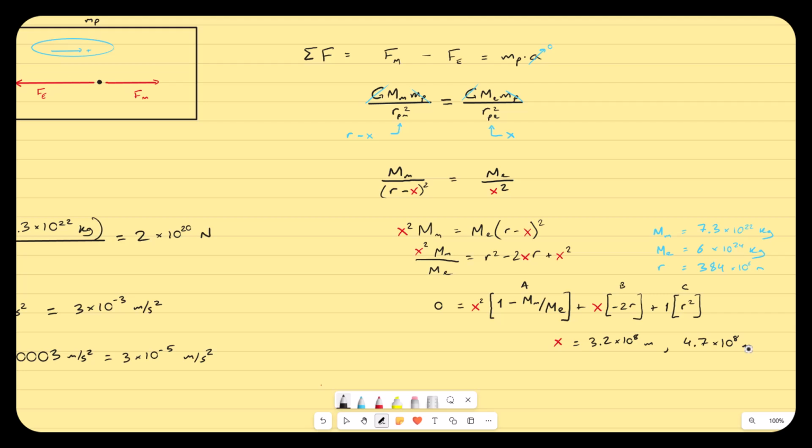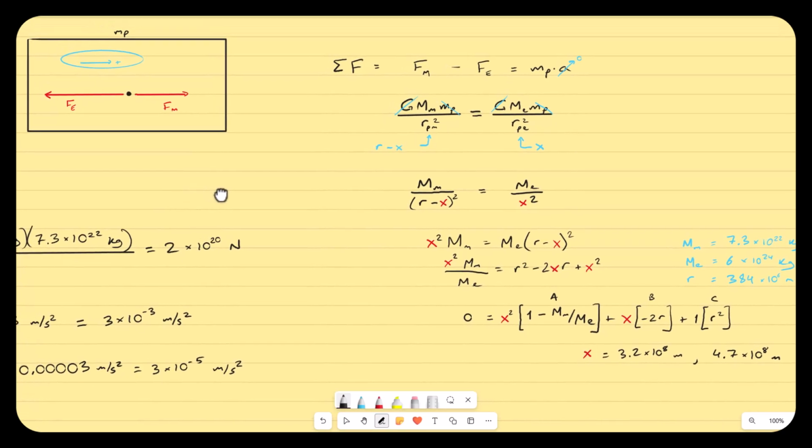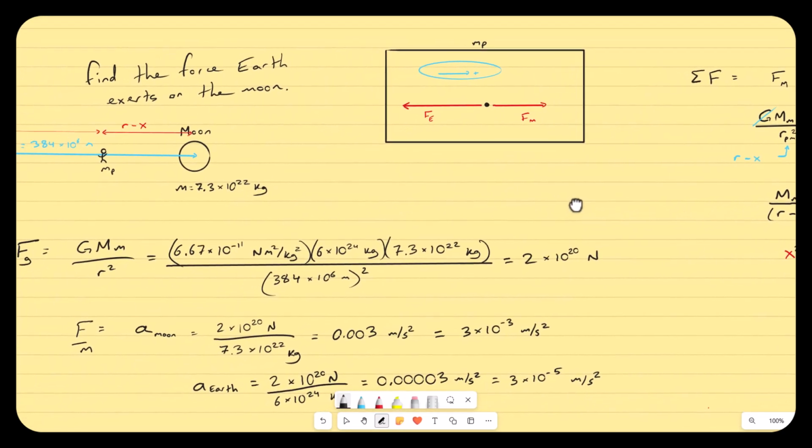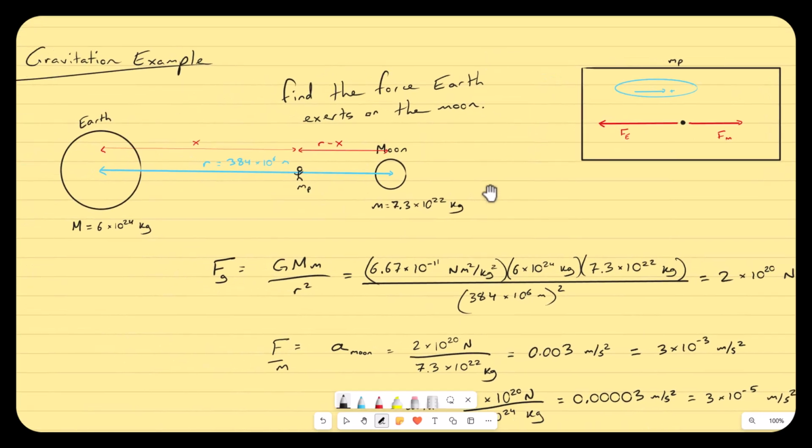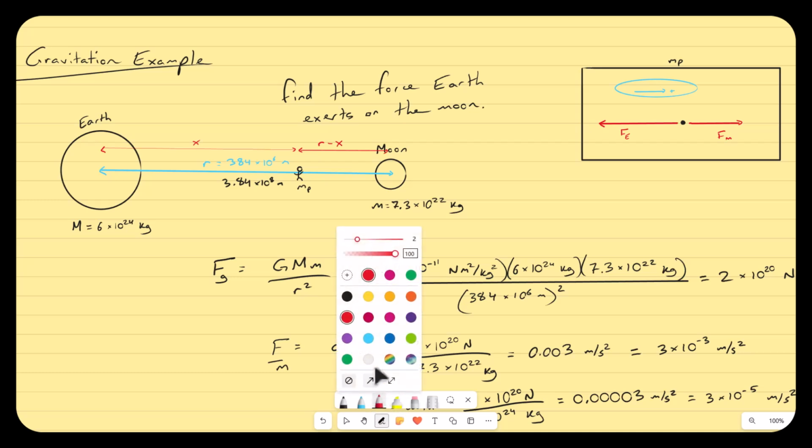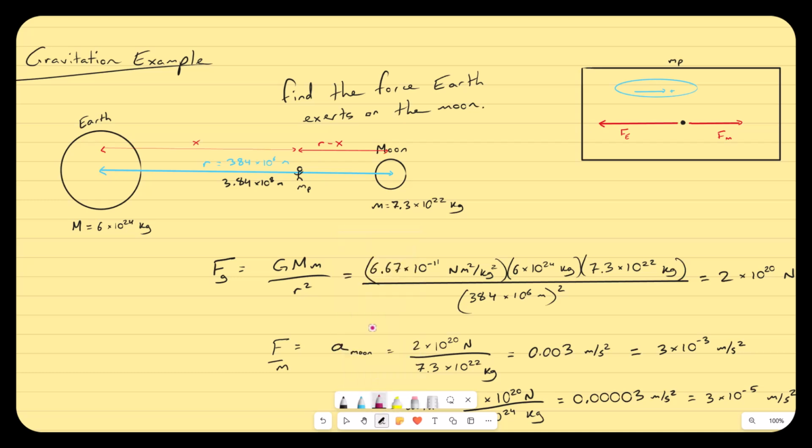And now I have to think about this a little bit. Are these answers reasonable? 3.2 times 10 to the 8th, the distance between them, so I could rewrite this as 3.84 times 10 to the 8th meters. When I grab that 3.2 times 10 to the 8th number, it puts me about here, which is great, and that works well.